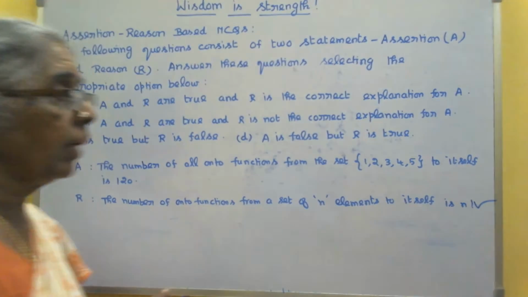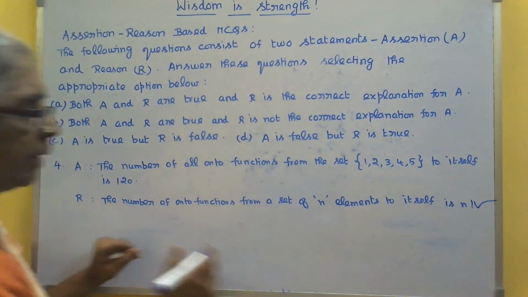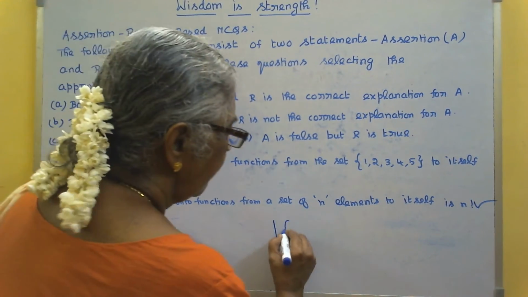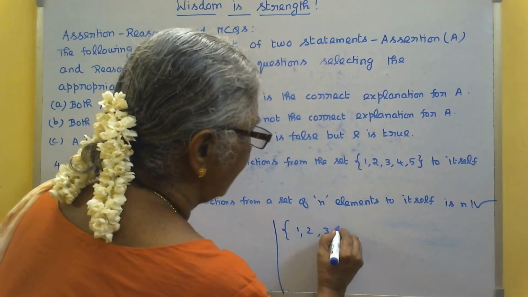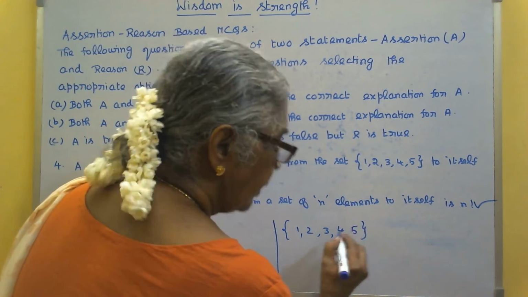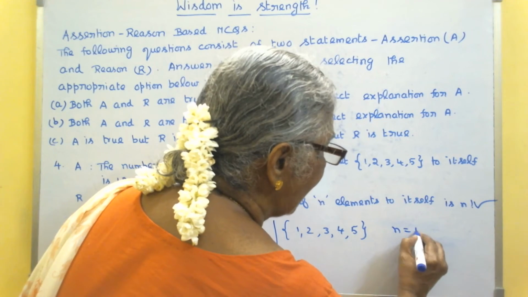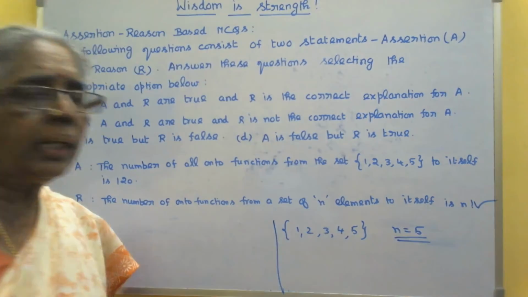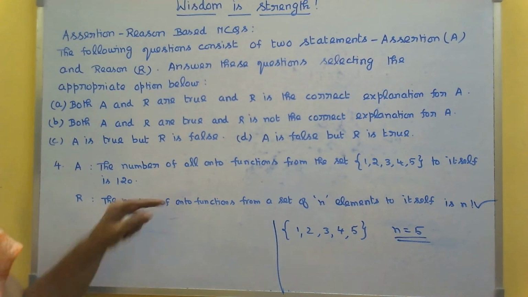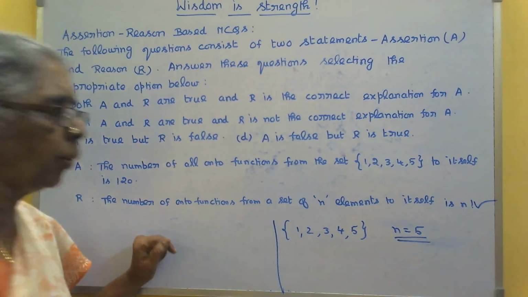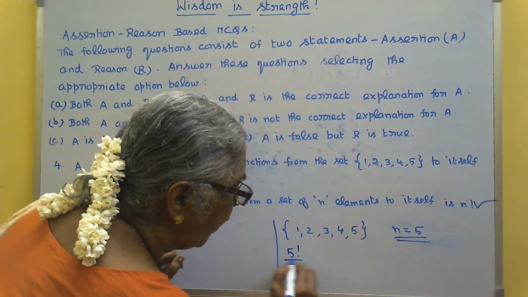You can check it. Now, coming to the assertion, you are having a set which contains 1, 2, 3, 4, 5. That means the number of elements there is 5. So, the number of onto functions by this is n factorial. So, that will be 5 factorial.